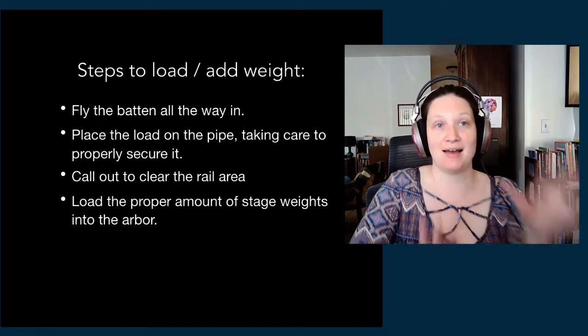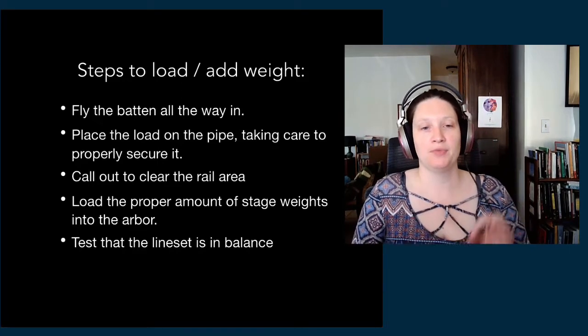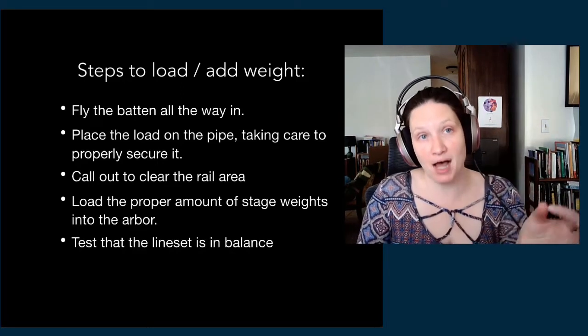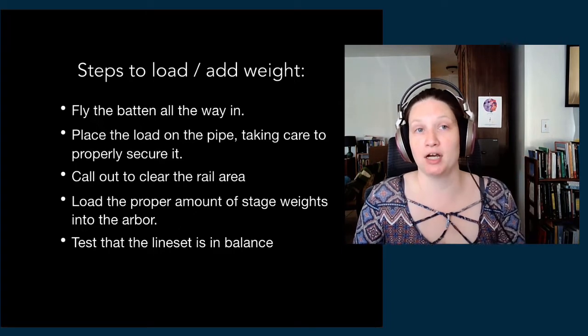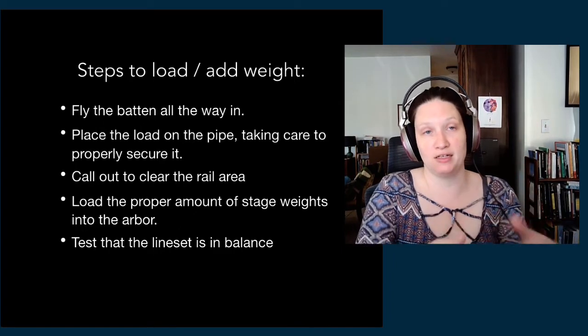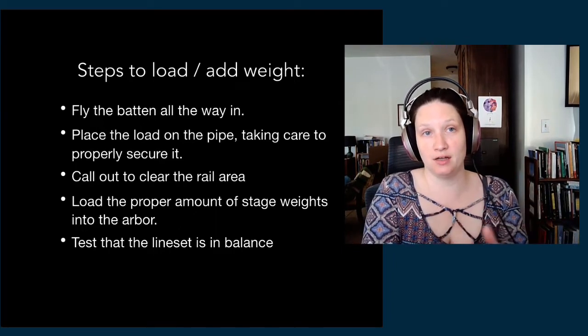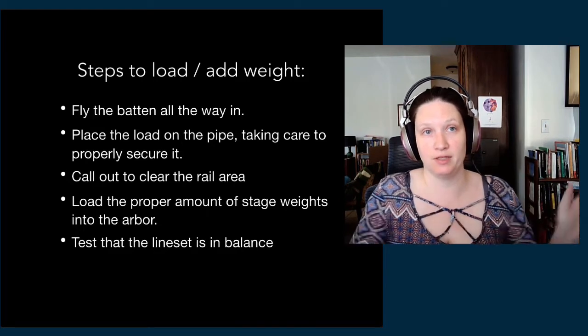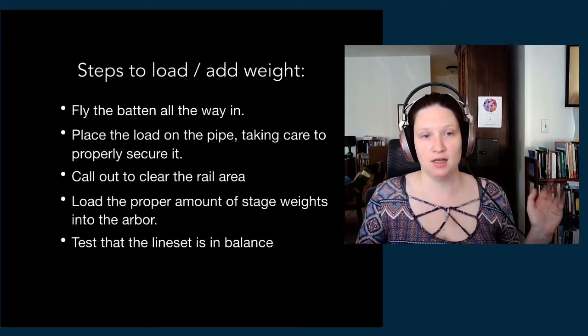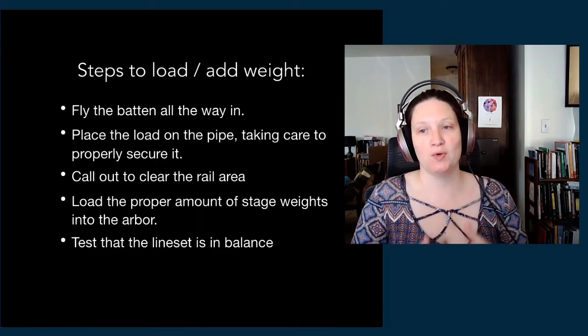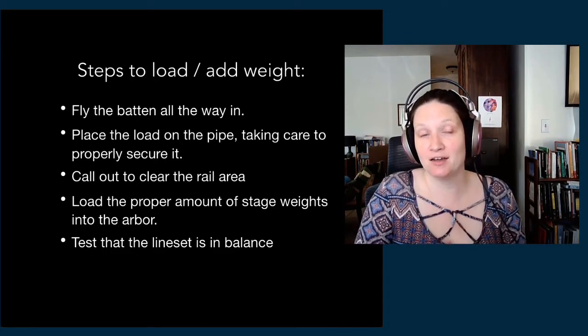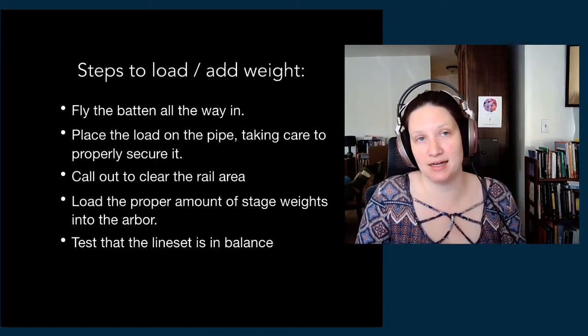So once that has been completed, right, then the person up above will say that they're clear, right? Once all of that additional weight is secured, they'll let everybody know that they are clear, that they've stepped away from that line set. And at that point, whoever is working on the deck will test that the line set is in balance.